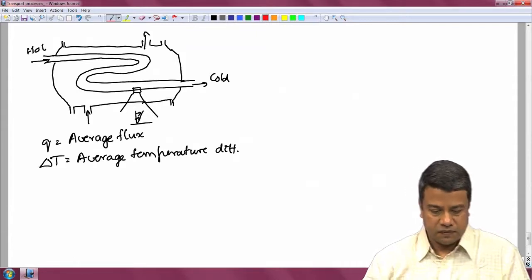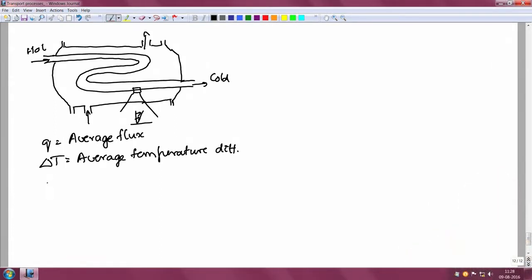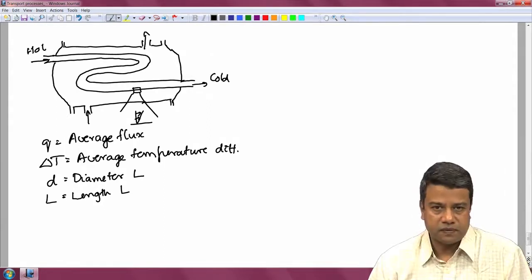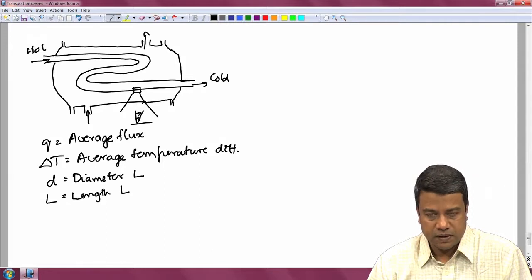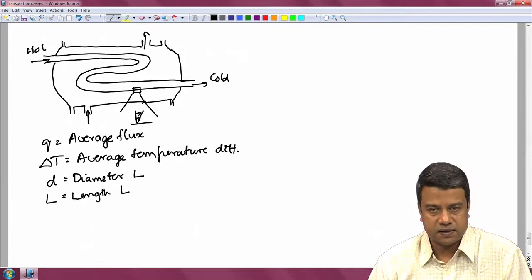Of course, it will depend upon the diameter of the tube, with dimension L, the total length of the tube, with dimension L. It depends upon the thermal properties of the fluid, because the thermal properties do affect the rate of transfer of energy across the surface.